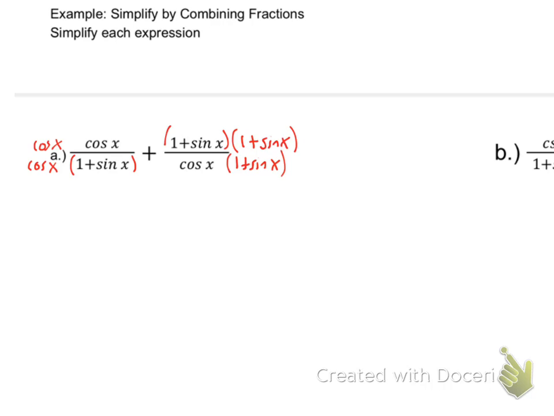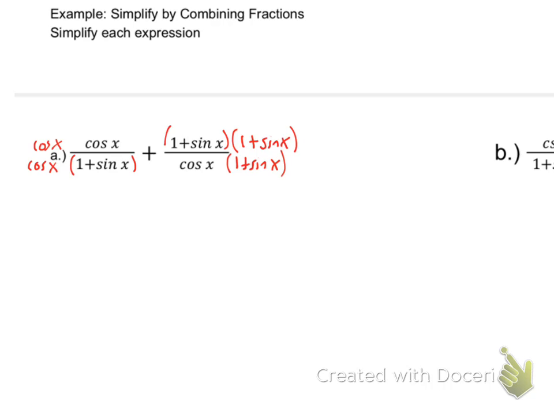Like physically do the actual multiplication. Leave them separated, but yet show that they're multiplied. The reason is that because we're dealing with identities, there's a lot of times we're going to switch things up, factor things, all of that, that's going to end up resulting in the exact same factor on top that we'll be able to cancel one of those. Maybe both of those. You just never know.